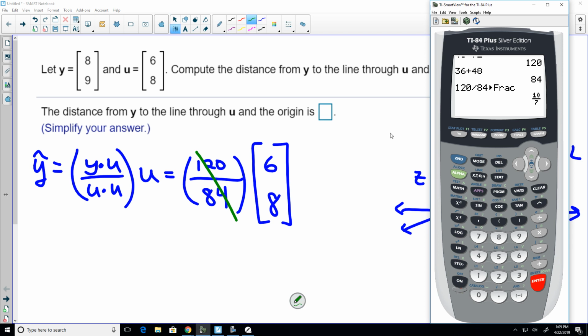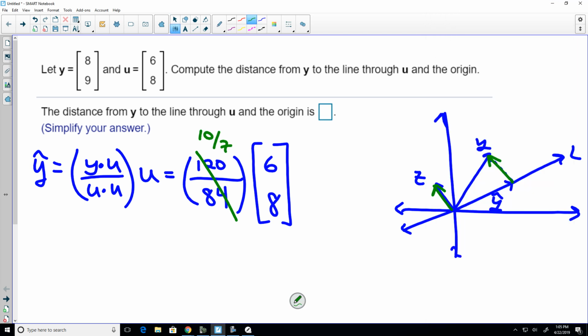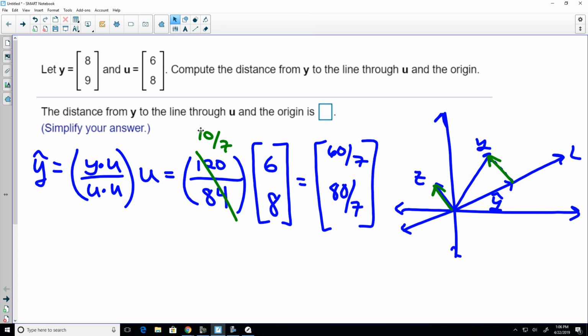But you could figure that out pretty easy without the calculator. So this is 60 over 7. This is 80 over 7. So that's y hat.